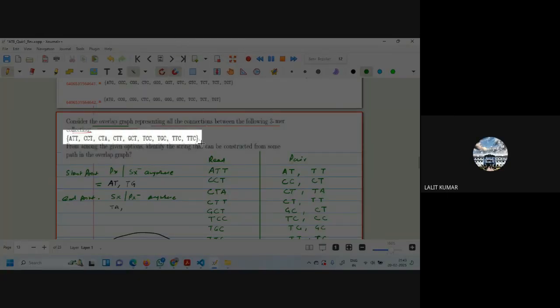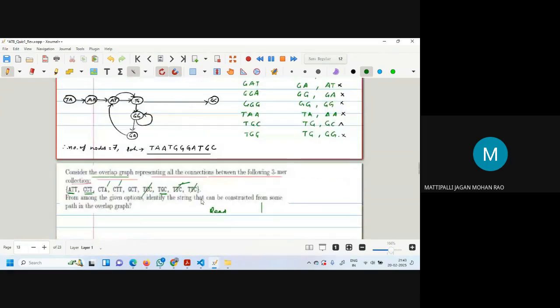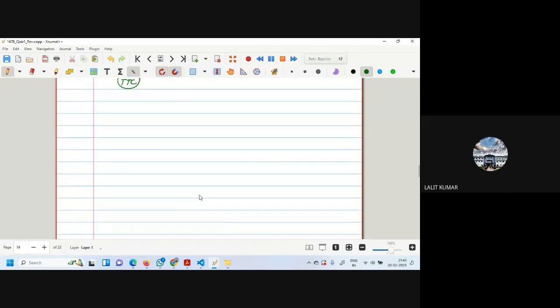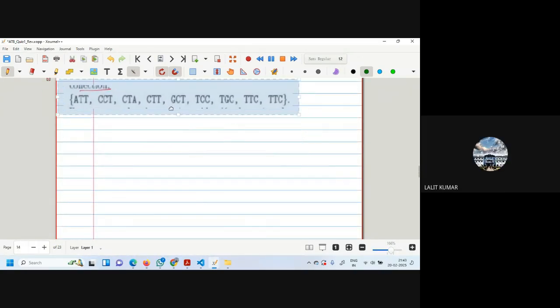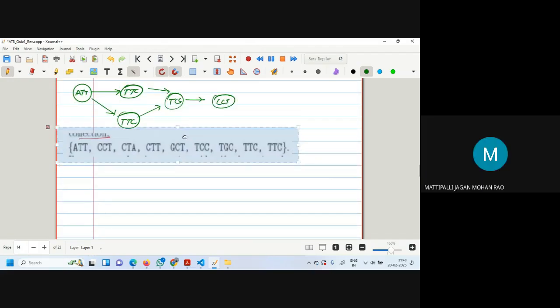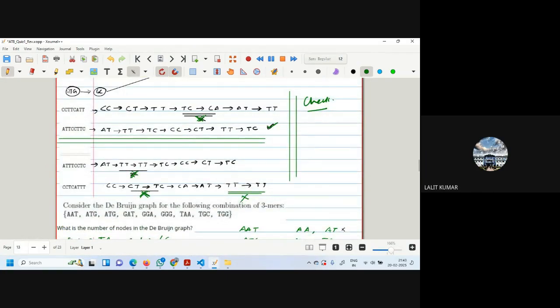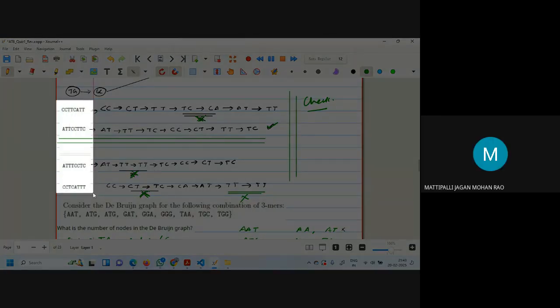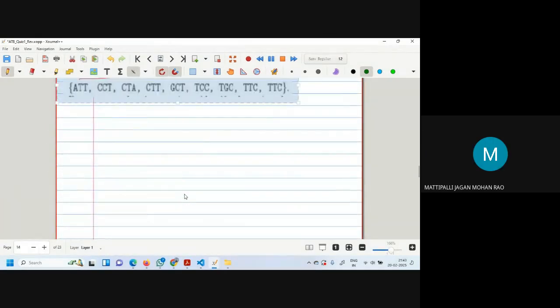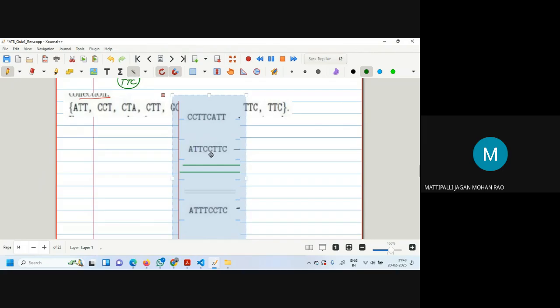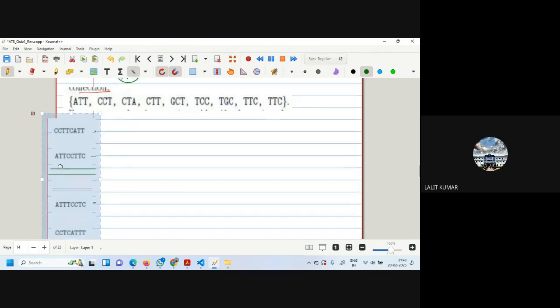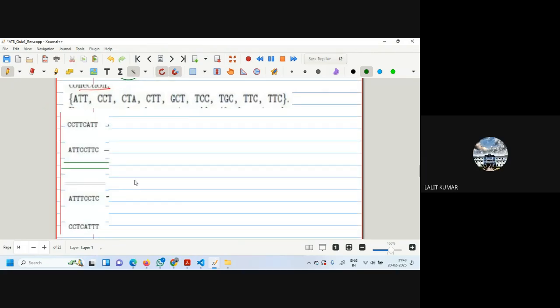Okay, if you allow me, I have opened that question. My screen is visible, no? Okay, just hold on. So see, these are the 4 options. See what we do.